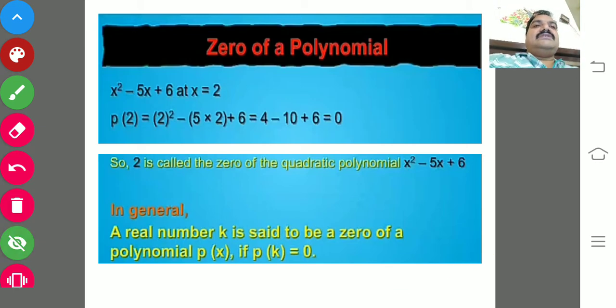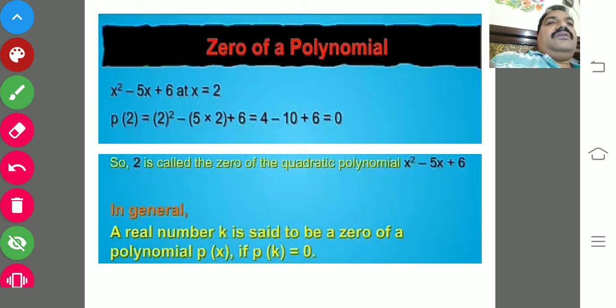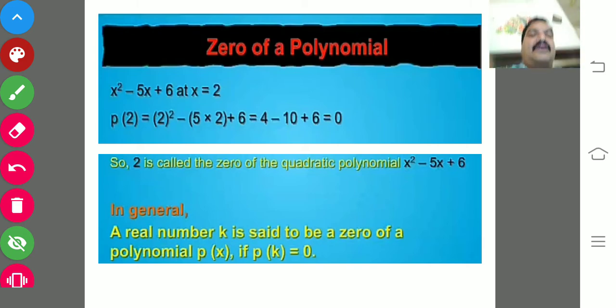Yeah, the next concept is the 0 of a polynomial. So what does 0 of a polynomial mean? Here the example is x square minus 5x plus 6 at x equal to 2. Let us discuss the value.